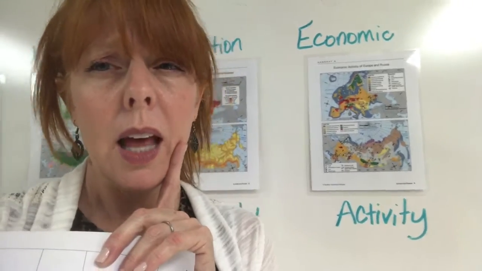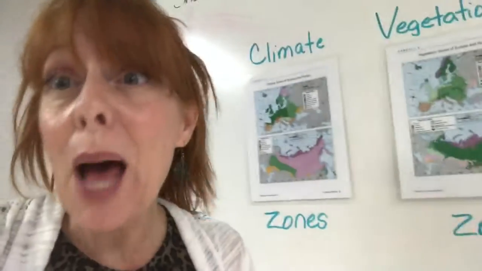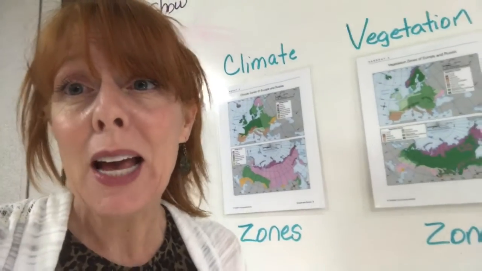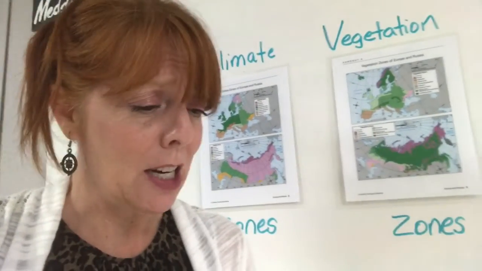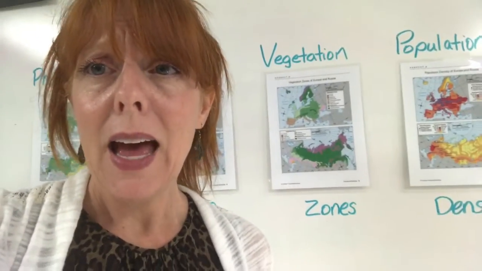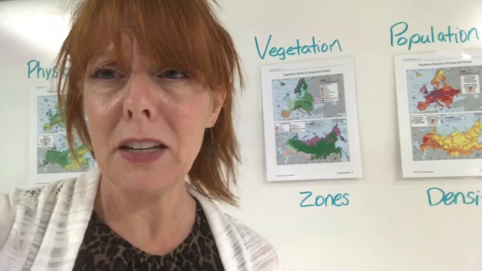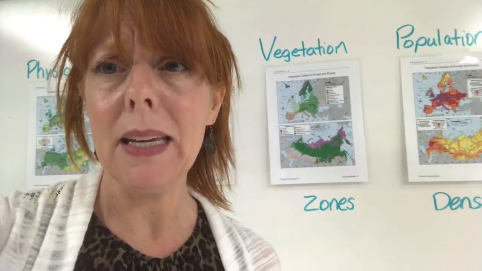Climate. I think it would be the climate zone map, Mrs. Metters. There was one more question. It was, how might the physical features of this land help explain the economic activity? I think that's what it means.